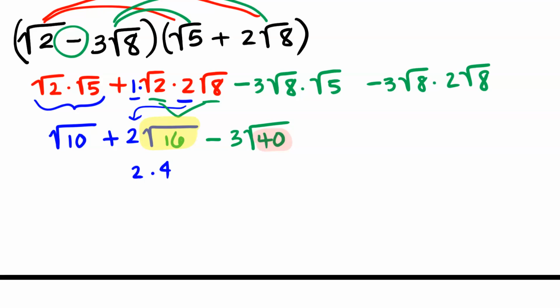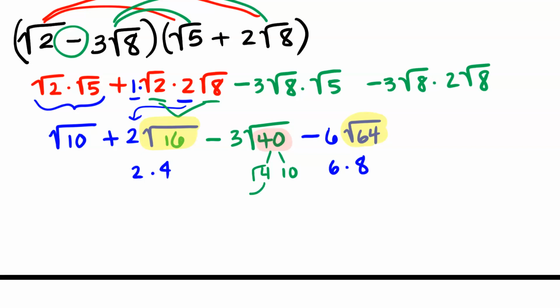And then our last one here, we've got to multiply the 3 and the 2, so we got minus 6 square root of 64. And if you recognize the square root of 8 times the square root of 8 is just 8, you can move there immediately. But we know this one here is a perfect square, so we'll have 6 times 8 for this term. The only one that we need to clean up is this 40, because I recognize that we have a 4 and a 10 there.